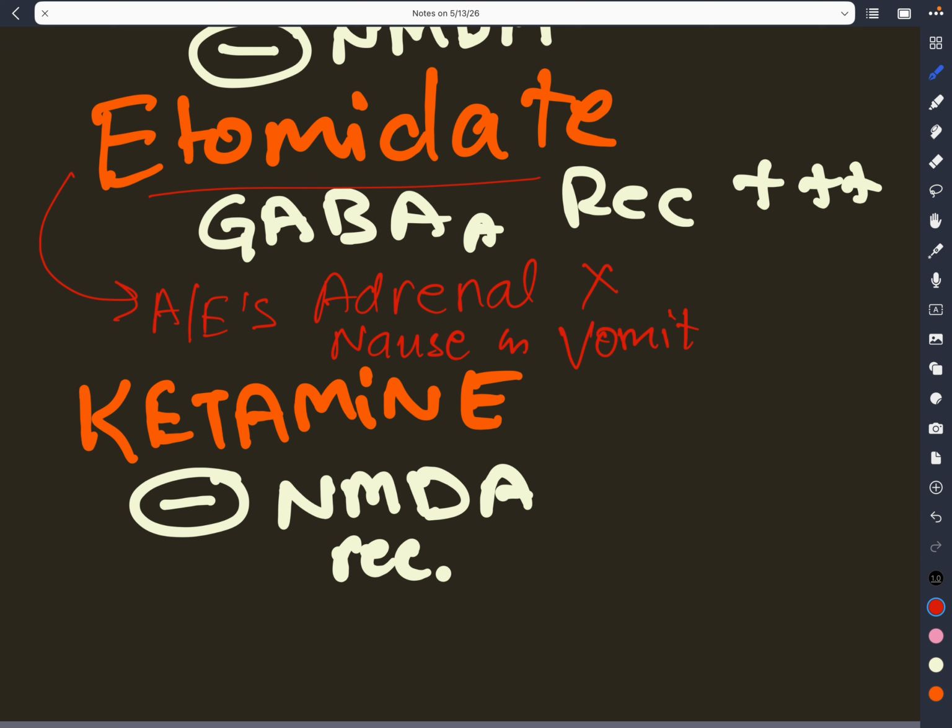So what happens with ketamine? First of all, ketamine is a sympathomimetic. It increases the sympathetic nervous system, so it increases blood pressure and heart rate. It increases intracerebral pressure by increasing cerebral blood flow.